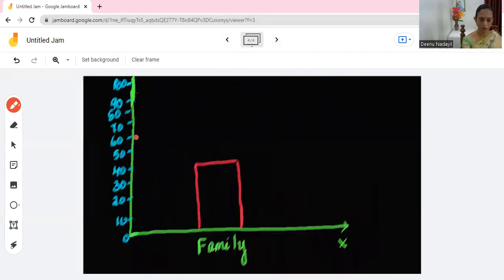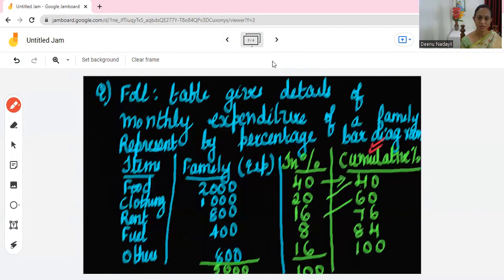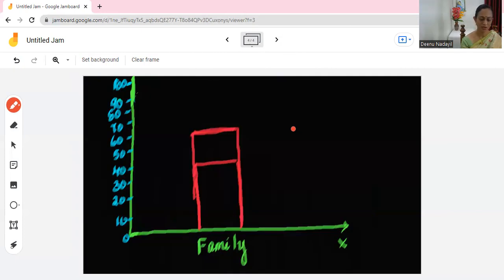So just above the top here, we will be drawing a bar, continuing the bar over there, up to 60. Now, what was our next number? 76, then 84, 100. Next will be 76, somewhere here. Just above the top, we will draw the bar.